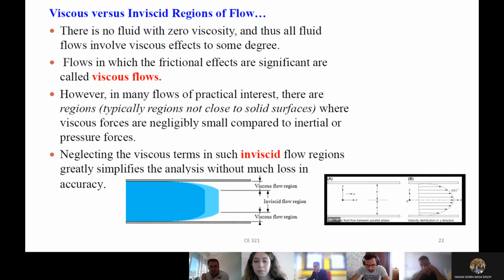At the middle we see maximum velocity, because it is the location far from the walls. And minimum velocity is here. What is the velocity here?